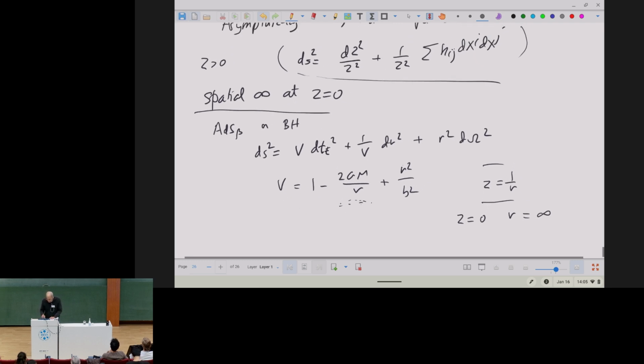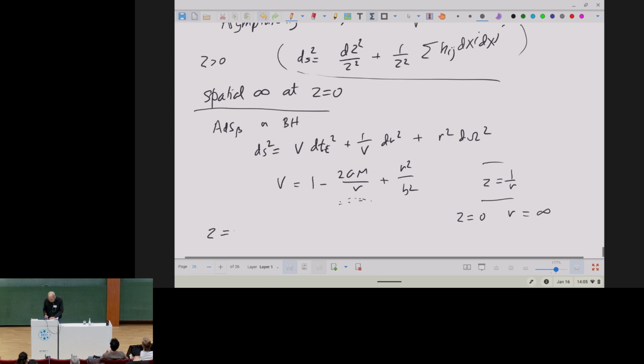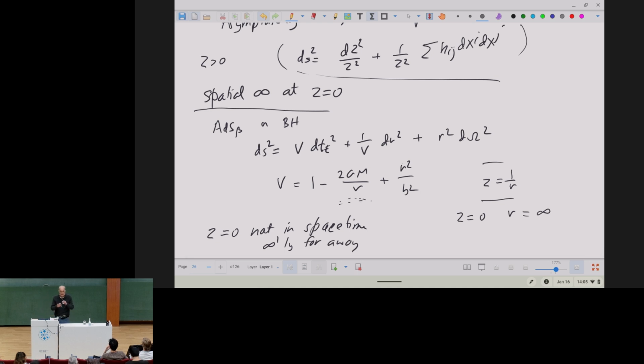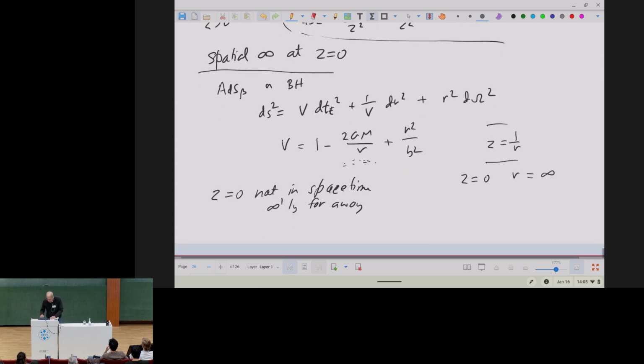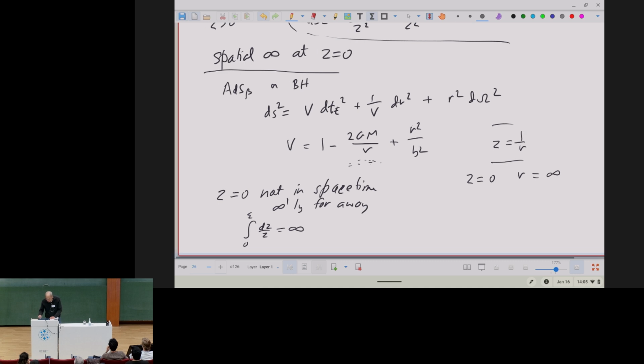Now, if we do have a metric like this, you see that, first of all, z equals 0 is not in the space-time. It's infinitely far away. Because the metric dz over z squared diverges, well, because the integral dz over z from anything to z equals 0 is infinity. In terms of r, it was even more obvious. r equals infinity was infinitely far away because the metric was dr squared, the usual one, asymptotically for large V. Sorry, wasn't quite true.